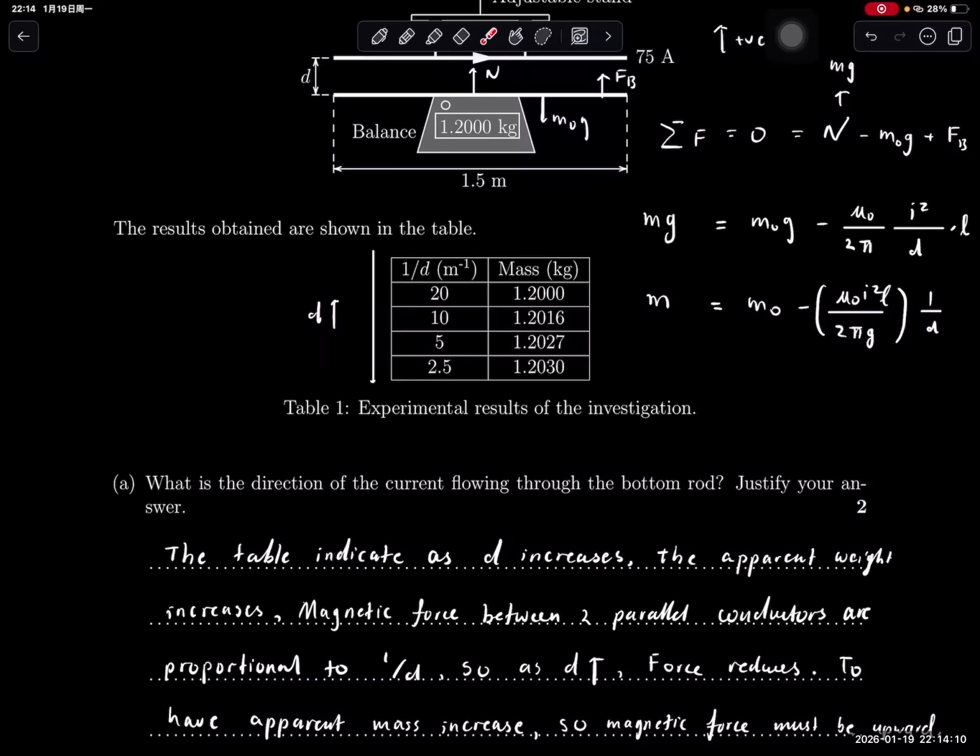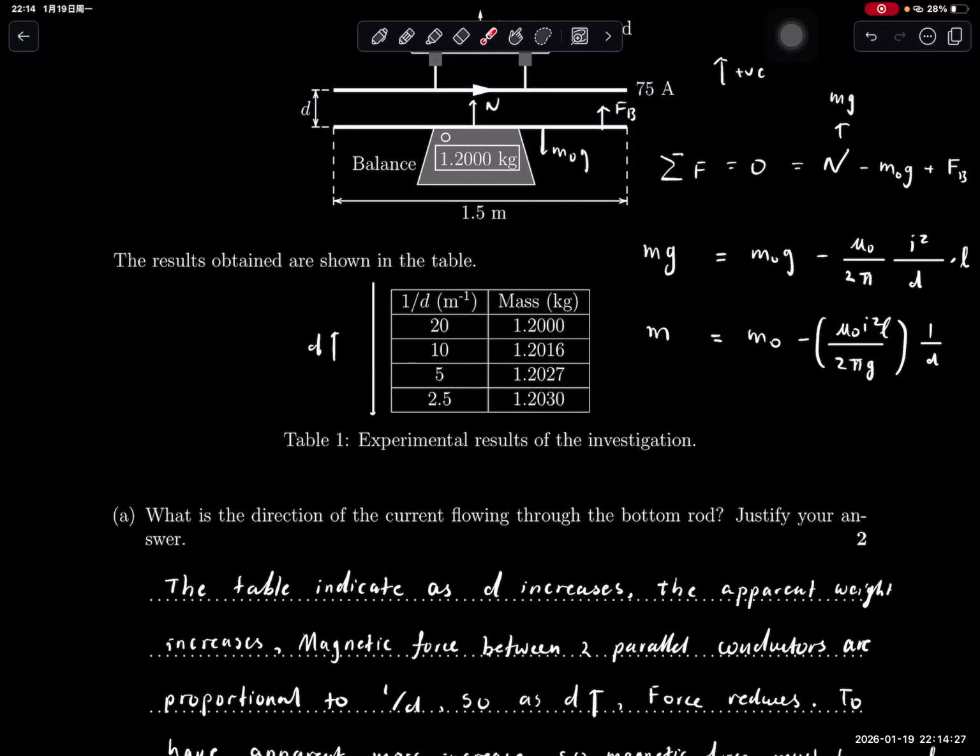As the magnetic force gets weaker, this upward force gets weaker, and then you get a heavier weight. Does that make sense? So this tells you that d increases, mass increases, and it tells you the magnetic force is upward. Okay, I get it. It's a bit logically complicated, but it'll get through.